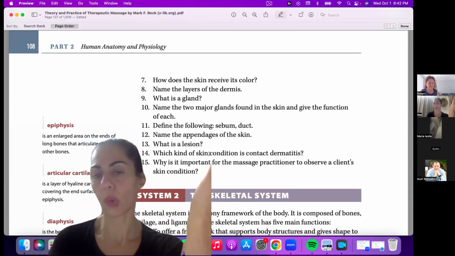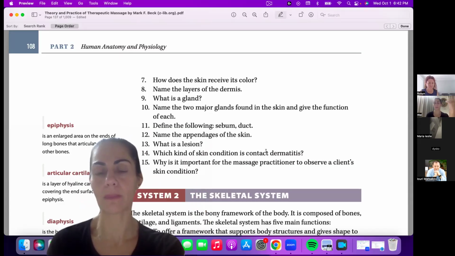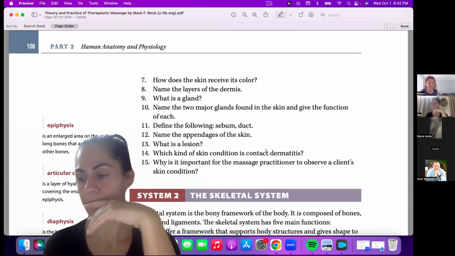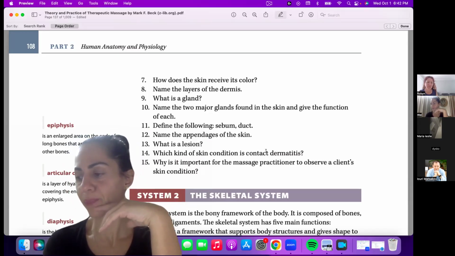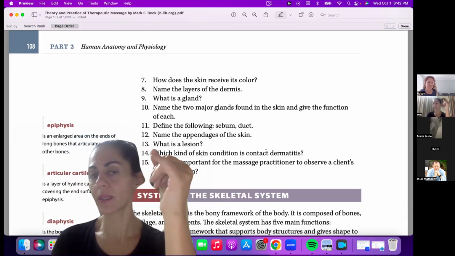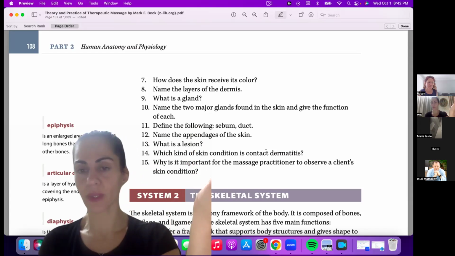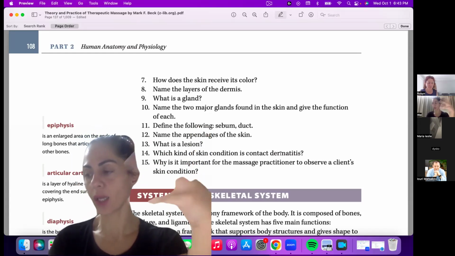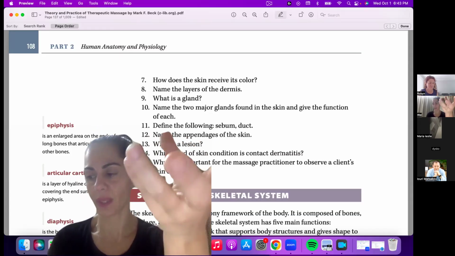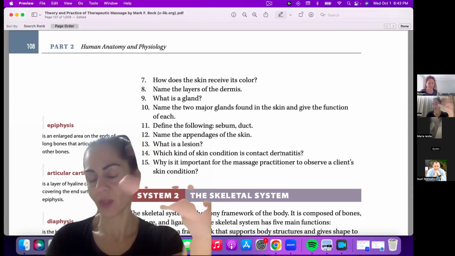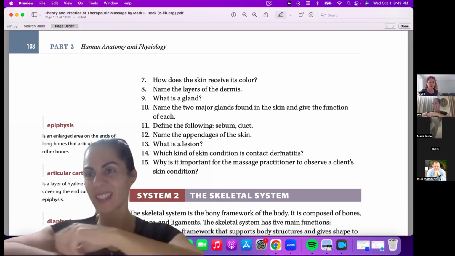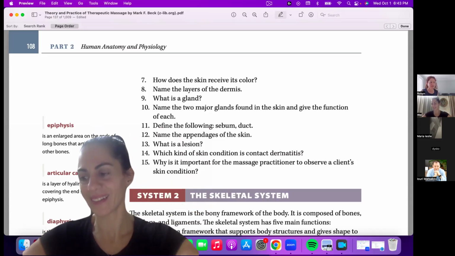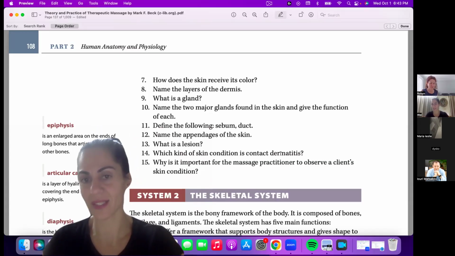It's like an allergic reaction when you get in contact with something, an agent or an object that causes the allergic reaction of the skin and causes rash.